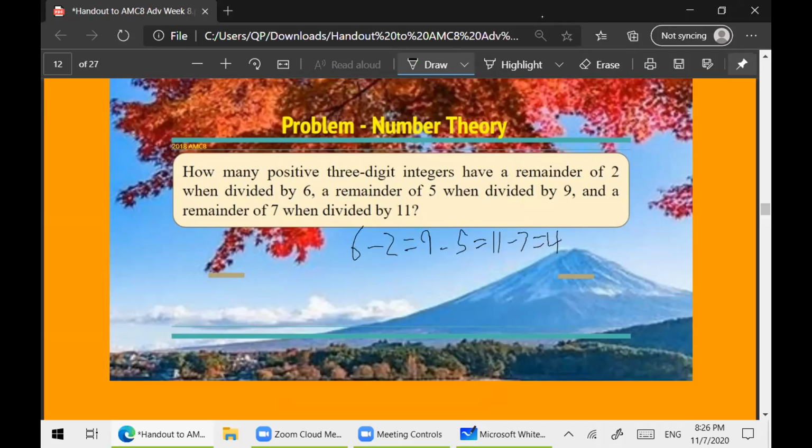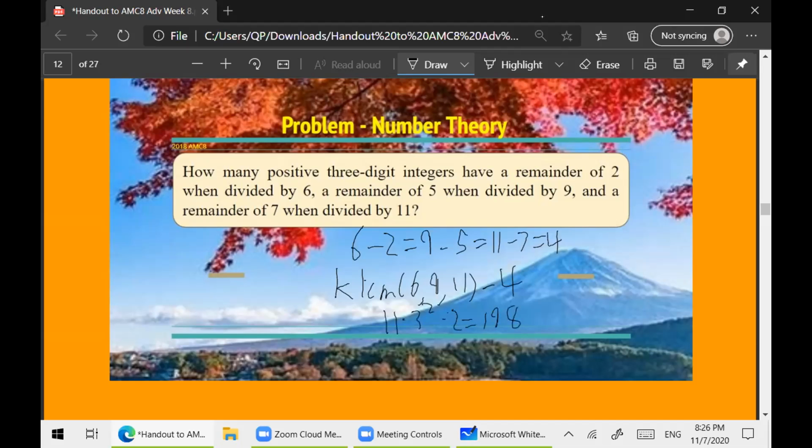So the numbers are always in the form of k times the LCM of 6, 9, 11 minus 4 by the Chinese remainder theorem. And so the least common multiple is 11 times 3 squared times 2, which is 198.